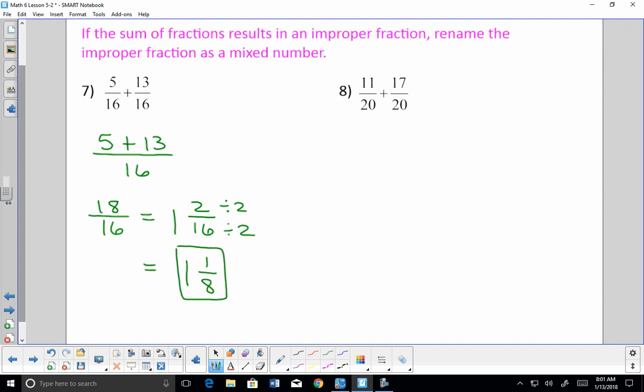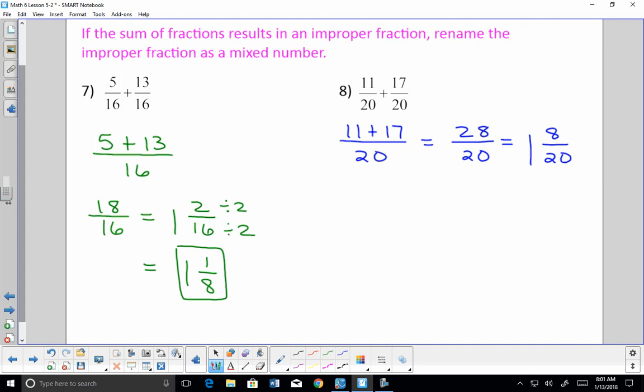11 twentieths plus 17 twentieths. 11 plus 17 all over 20. Well, 11 plus 17 is 28. 28 over 20. Well, 20 will go into 28 one time. 28 minus 20 is 8, so it's 1 and 8 twentieths. But 1 and 8 twentieths will reduce.